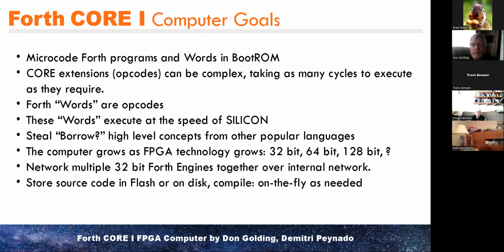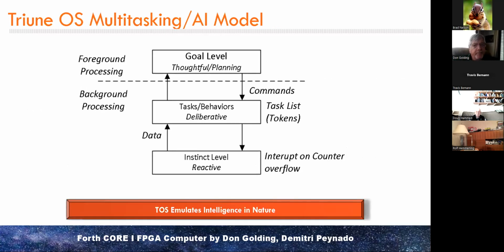But we would probably emulate something like struct, build it and have it available as a high-level part of our language as we build on top of this Core One. And of course, you can network these things together.